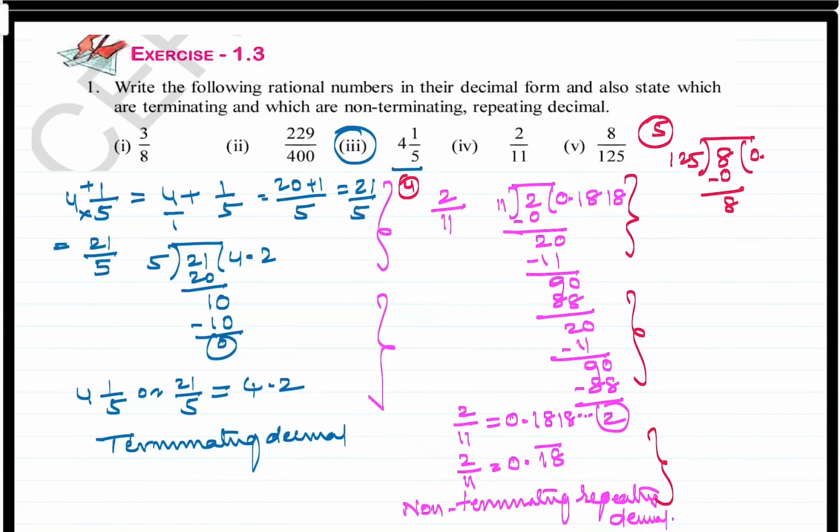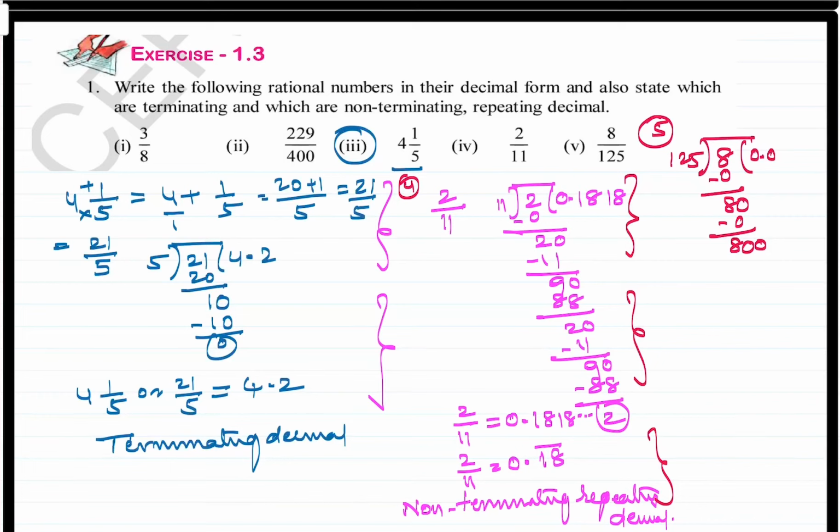Keeping the point in the quotient, we keep the 0 in the new dividend. 125 goes 0 times, so again 80. You keep the 0, it becomes 800.